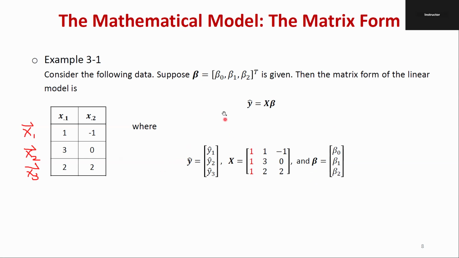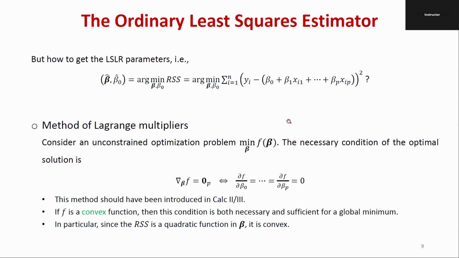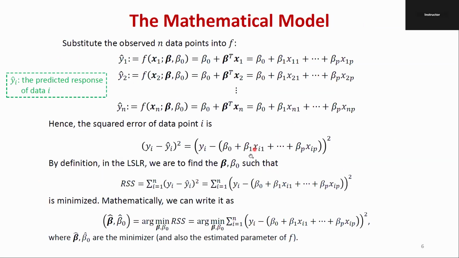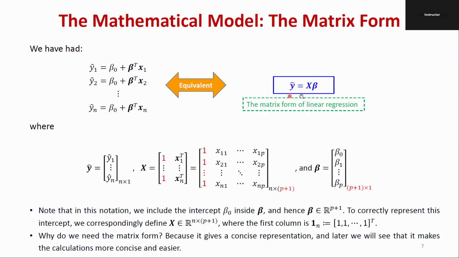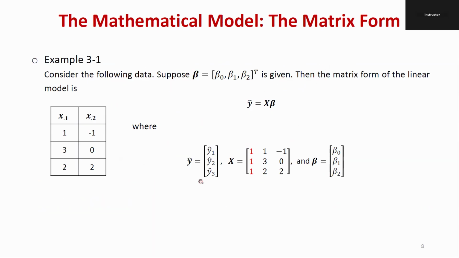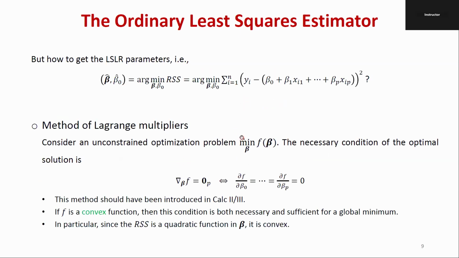So this is the matrix form in this super simple example. Next, we want to see, whether we express it this way or in the matrix form, how can we calculate the beta? Again, you want to calculate the beta vector and the beta 0 scalar.